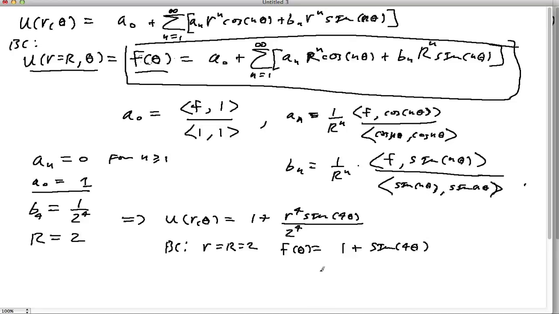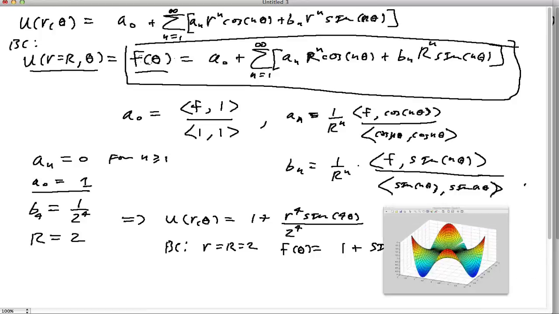So now let's see what this looks like. So clearly, as r gets smaller than 2, we expect that this function is going to get smaller, because small numbers to high powers will become smaller. So numbers smaller than 2. Okay, so I plotted this function, so let's show it here.